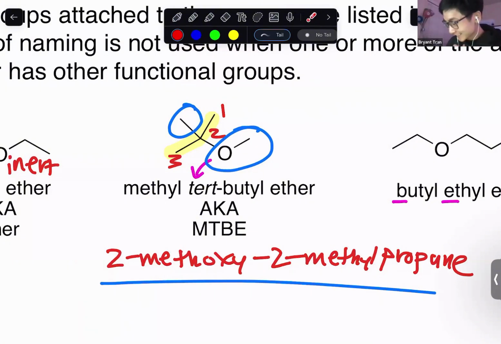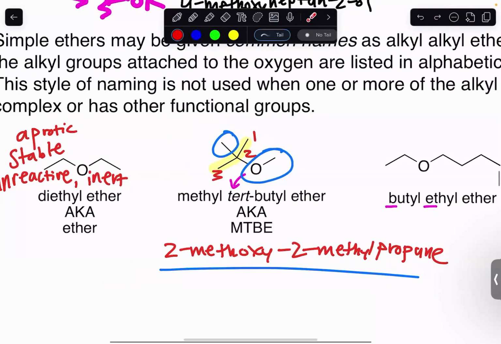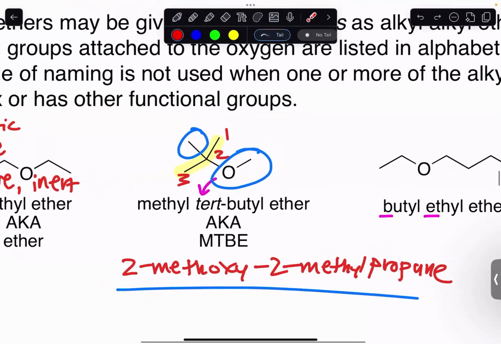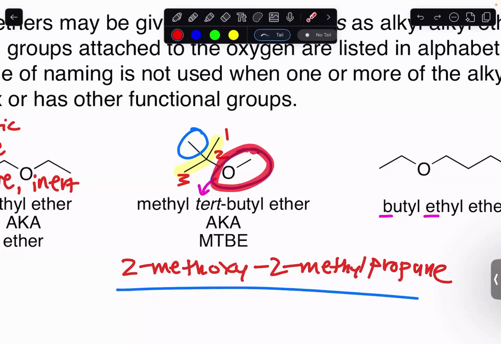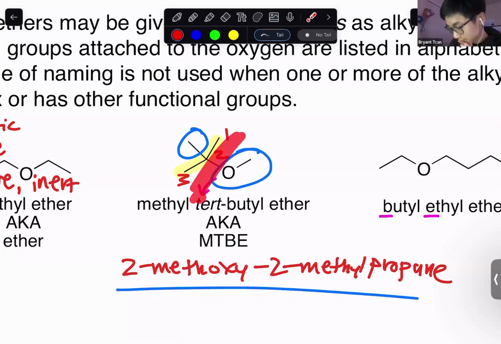It makes sense because you're able to break off the sides. Where the oxygen is attached, you break off that methyl group, and that's one, and then you have the tert-butyl group on the side.